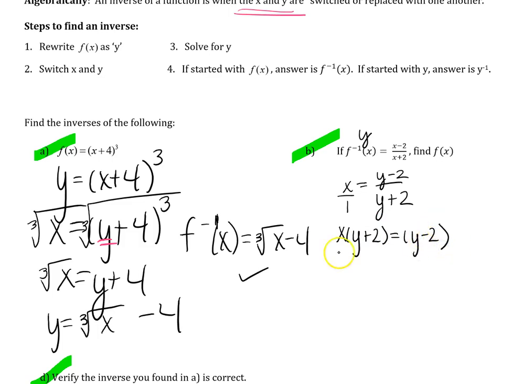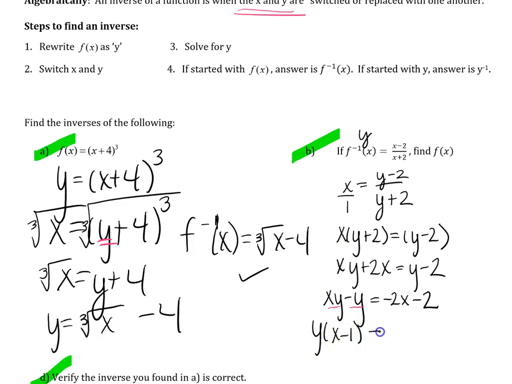Okay, I'm going to distribute. Now your objective is to get the y's together on one side of the equation. So I'm going to subtract the y over, and I'll move the 2x over to the other side as well. I can factor out a GCF of y.